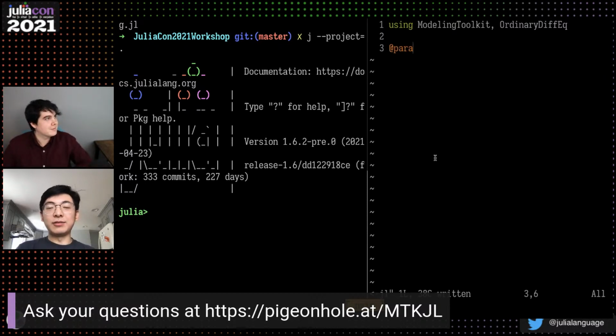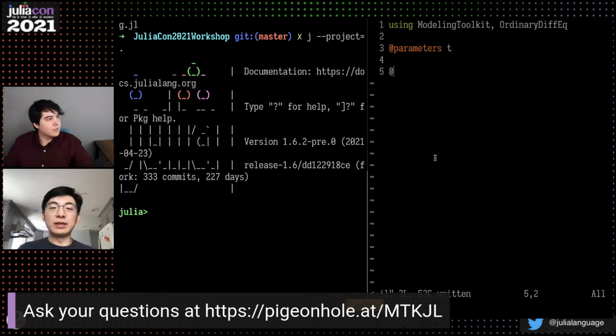So first, let's define the independent variable, the parameter, that is time. Then we need to think about, when we connect two basic electrical components, the thing that characterizes the connection is just the voltage at that point and the current at that point, right?